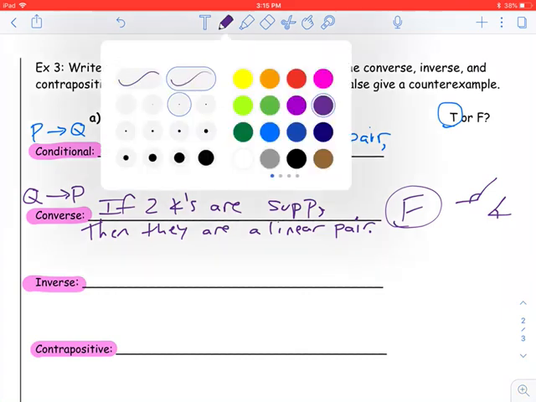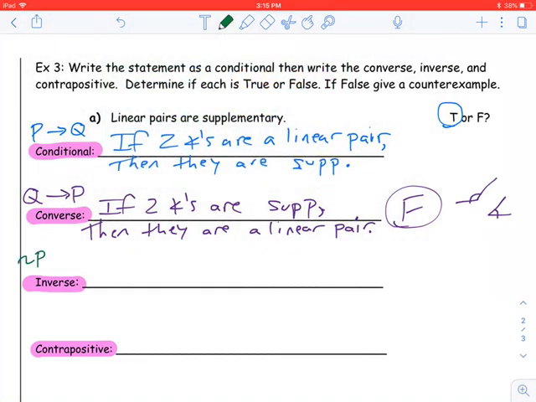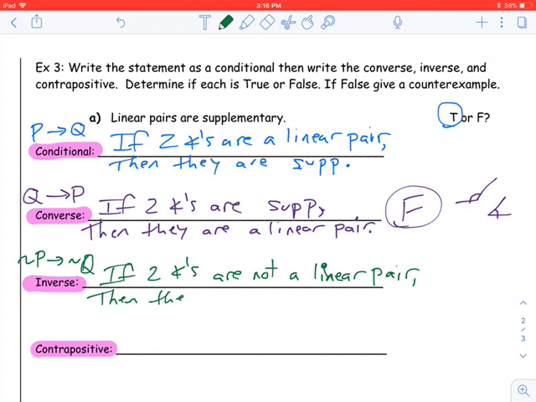Okay? So the next one, we have not P implies not Q. If not P, then not Q. So if not P would be two angles are not a linear pair, then they are not supplementary.